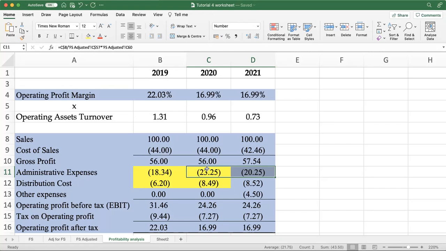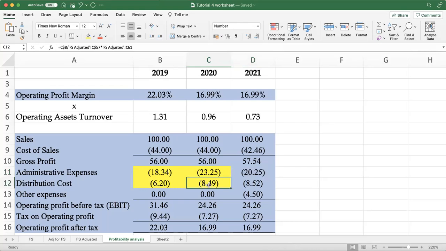Administrative expenses are fixed costs. When the sales increase, common size value declines. So remember, you have to be very careful when you are interpreting the results. Usually we expect this kind of behavior.